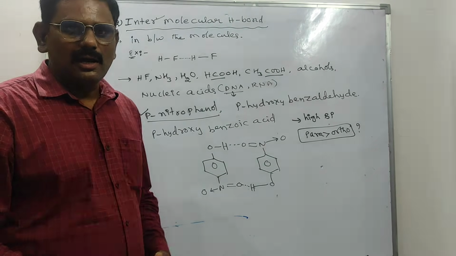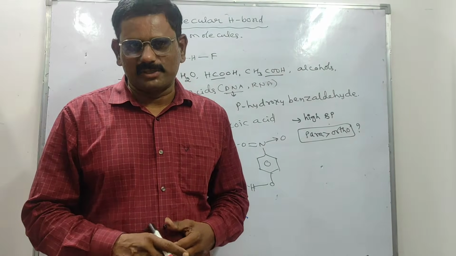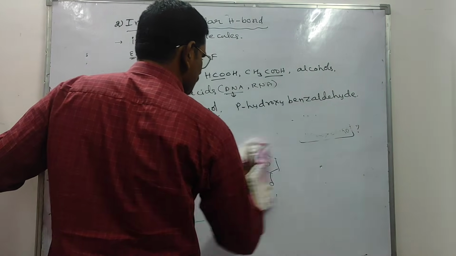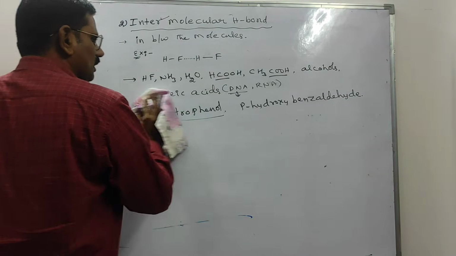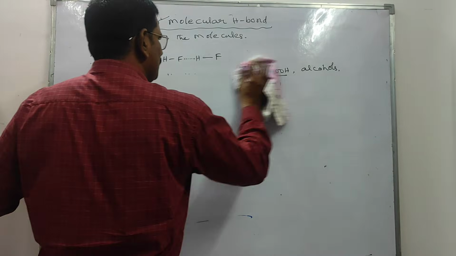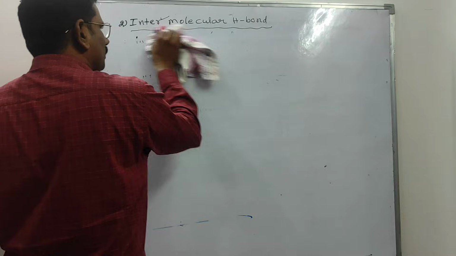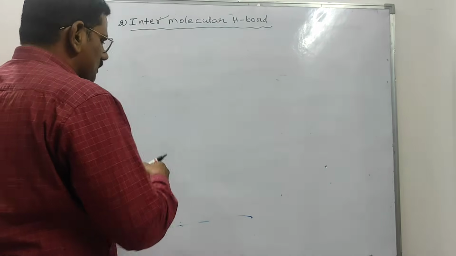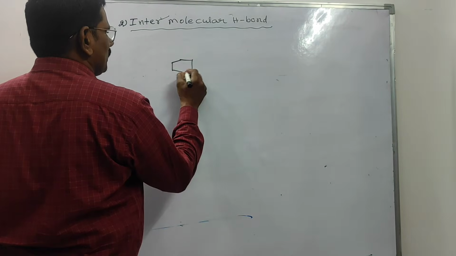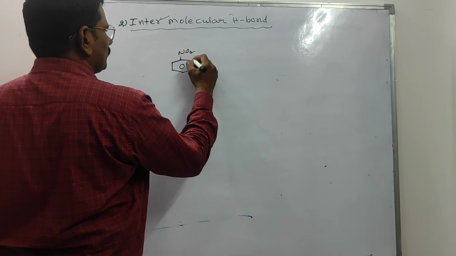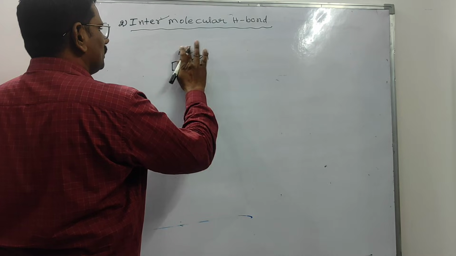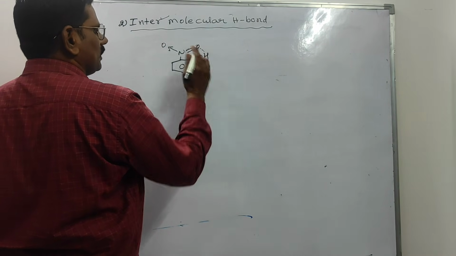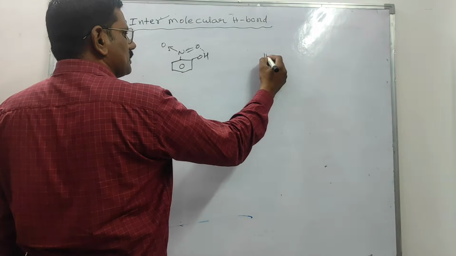And I am coming to the first question. Understand the first question. Orthonitrophenol has intramolecular hydrogen bond, whereas orthophosphoric acid has intermolecular hydrogen bond. I am writing orthonitrophenol and orthophosphoric acid.